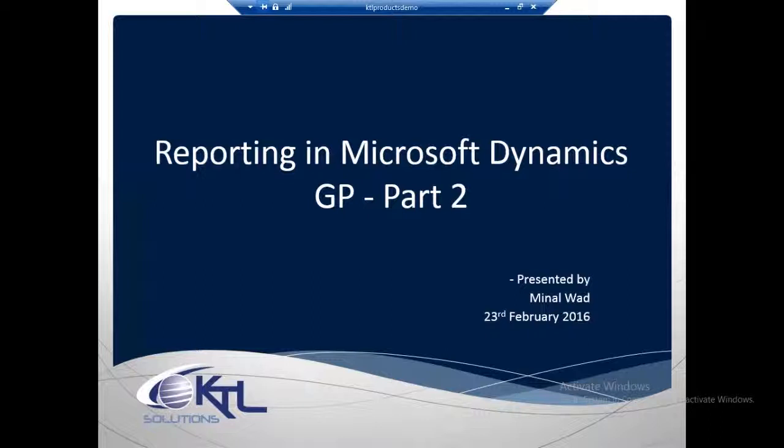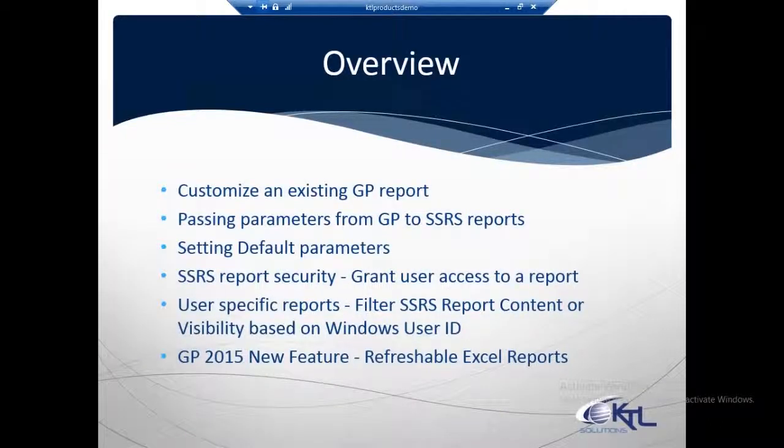So let's go through the overview and let's see what we're going to cover today in the webinar. Very quickly, I'll just go through what we did in part one in case the memory is blurred there, and we'll continue from where we left off in the previous series. We will start with customizing an existing GP report, and then we'll create a specific report for expecting parameters from GP window, and we'll look into how we can pass the parameters from GP window to the report directly.